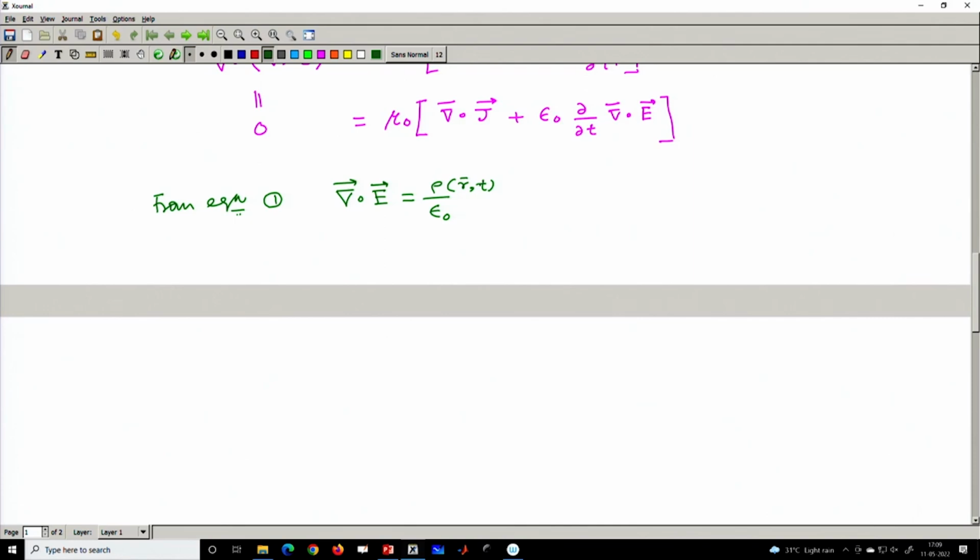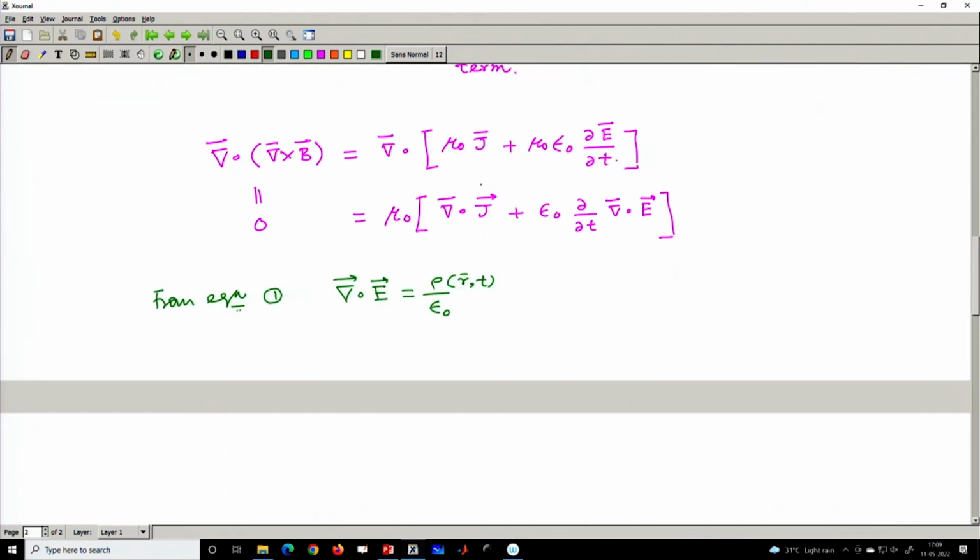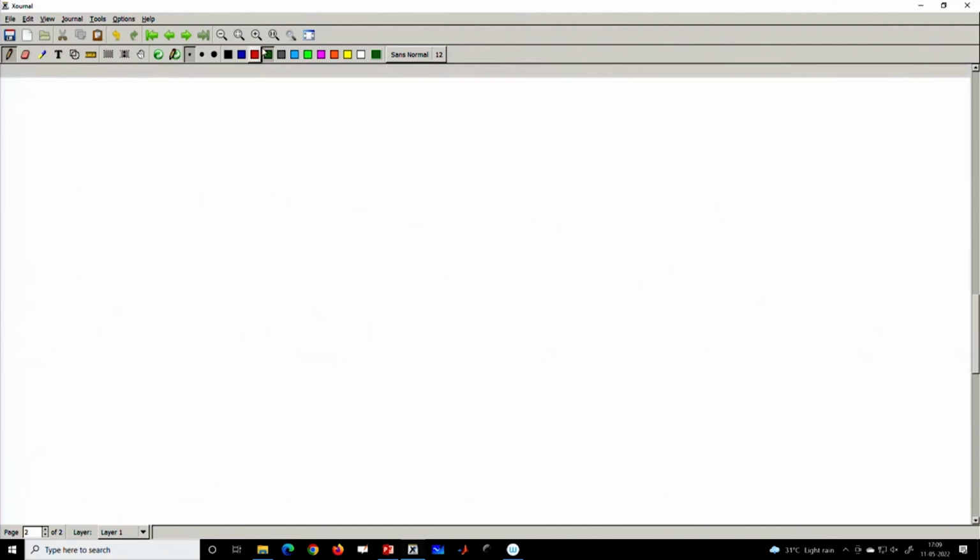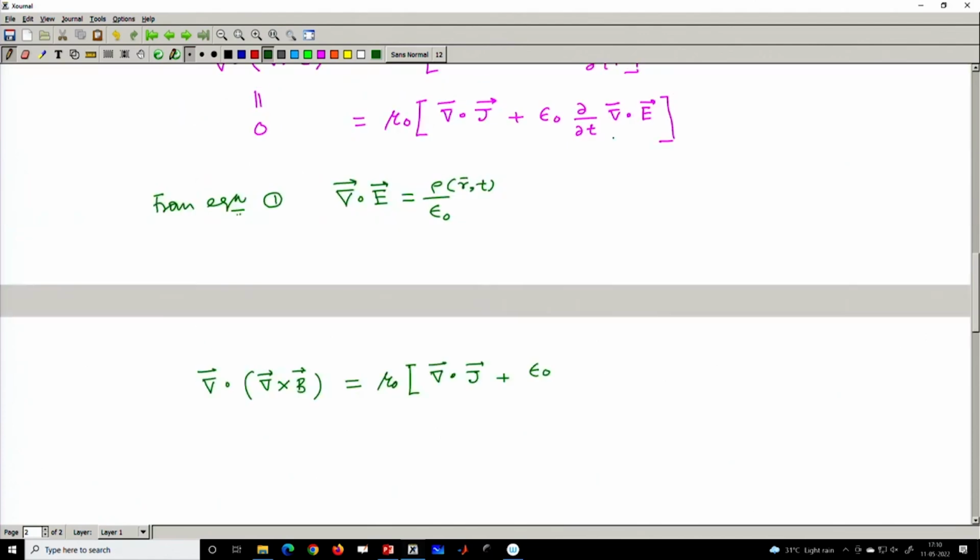So, I should now have, if I put that in this equation, the divergence of curl of B, which is 0. On the right hand side we have mu 0, then the divergence of J plus epsilon naught times del T of this quantity.